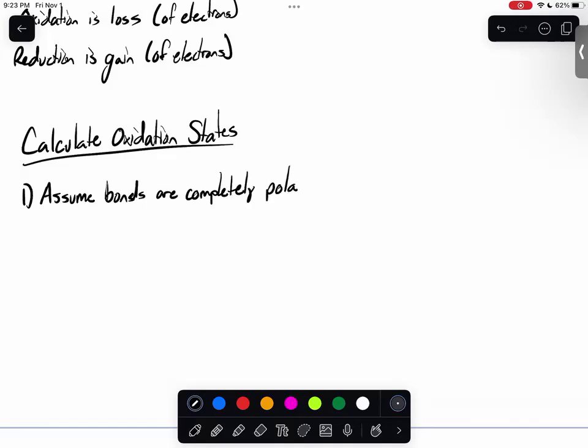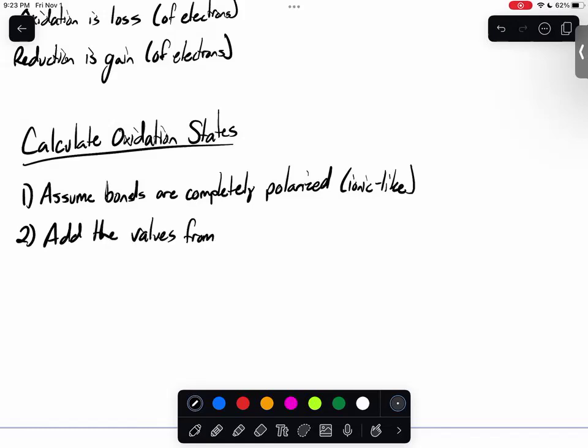What that means is essentially you're going to treat them as ionic. One thing's going to have the negative, one thing's going to have the positive. So it is ionic-like. The second thing we're then going to do is add the values from each bond to get the oxidation state.